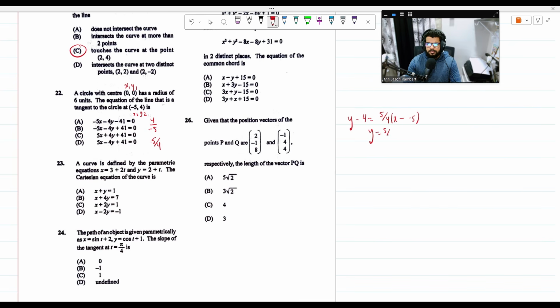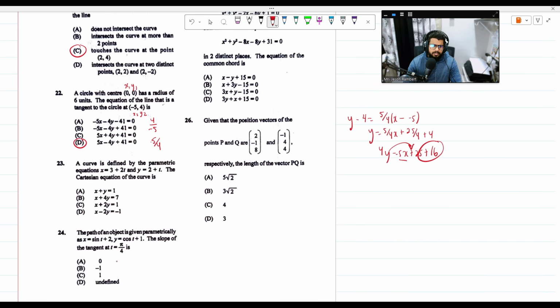Y is equal to 5 over 4 x plus 25 on 4 plus 4. Multiply everything by 4. 5y plus 25 plus 16. We get 41. 4y is 5x, sorry. So if 5x is positive and I move the 4y across, I get 5x minus 4y plus 41. So the answer is D.